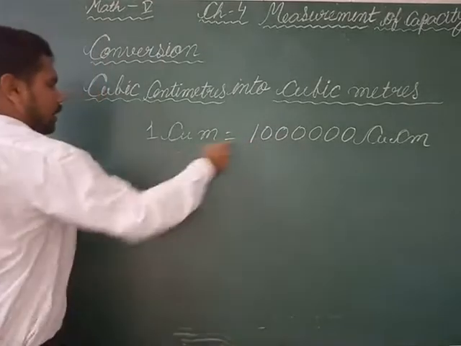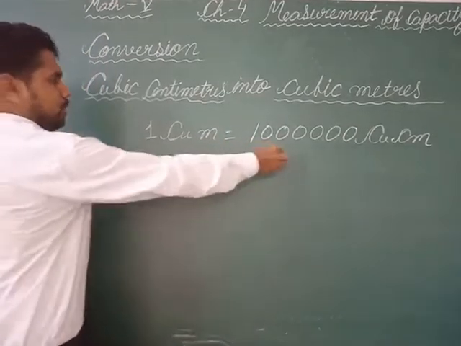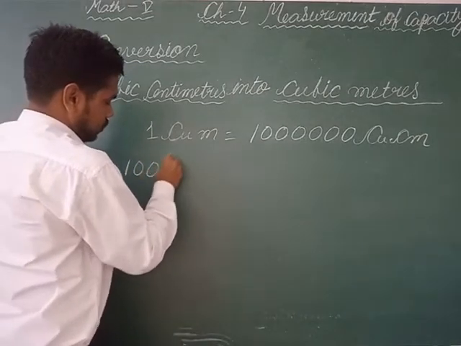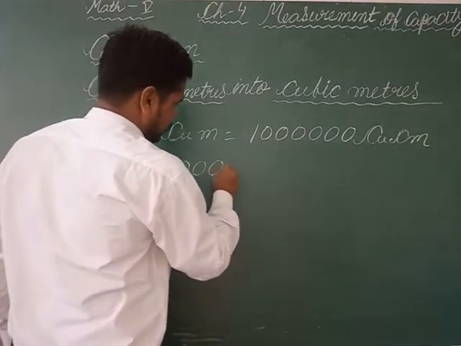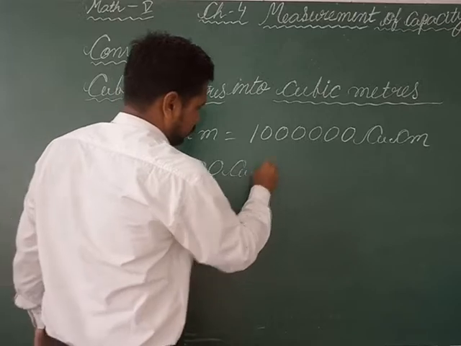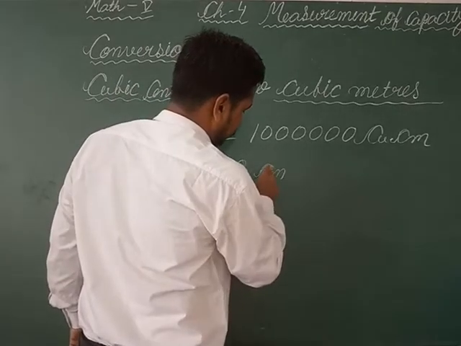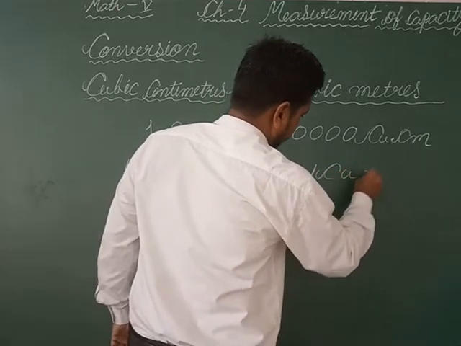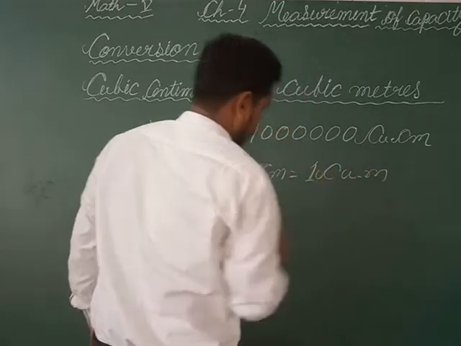So now we are writing, just exchanging, this side we write this one, this side we write this one. So 1 cubic meter... this much of cubic centimeter is equal to 1 cubic meter, right?